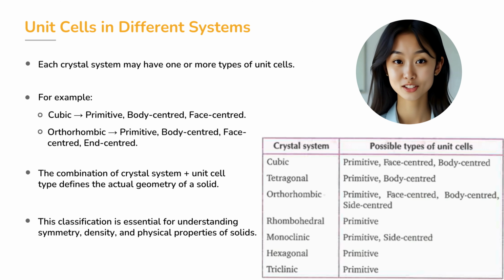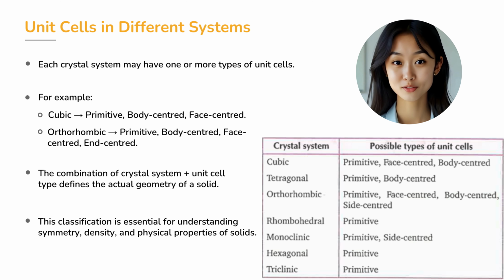Interestingly, each crystal system can accommodate 1 or more types of unit cells. For example, the cubic system can exist as primitive, body-centered, or face-centered. The orthorhombic system can even have 4 types: primitive, body-centered, face-centered, and end-centered.